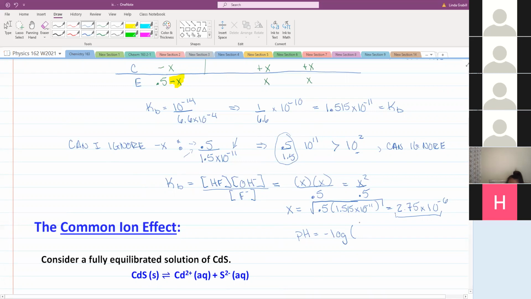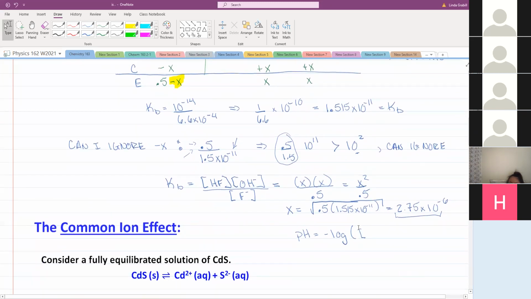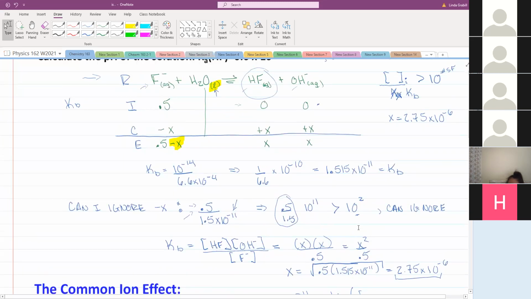Let me put that in a calculator real quick. Of HF? Do we have the concentration of OH or no? We have the concentration of OH. That's what we solve for with our X. Okay, cool. I wasn't sure if that was the concentration of HF or not.